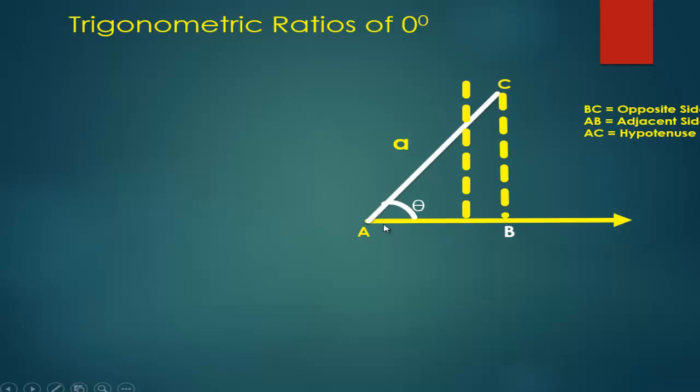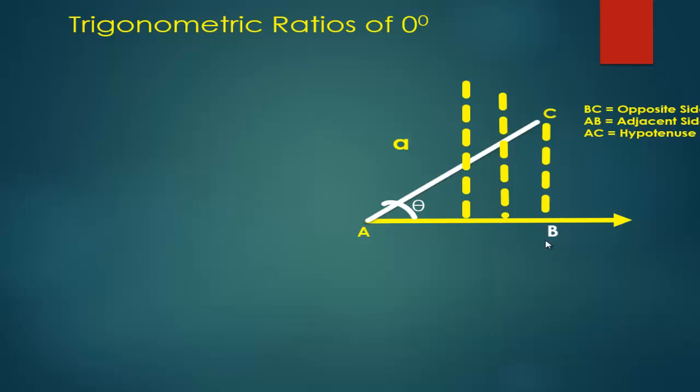When you go on decreasing theta, again the height, that is the opposite side, decreases, and the base, that is the adjacent side, increases.